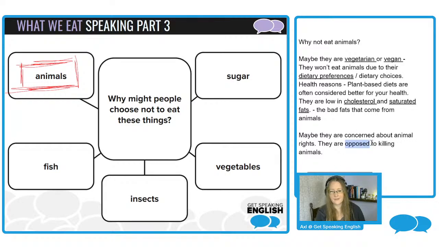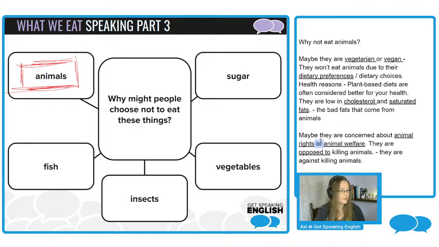So as in they're like against killing animals, right? Yeah, but maybe they're concerned about animal rights or animal welfare as well too. So like the treatment of the animals and how they are kept, things like that, right?